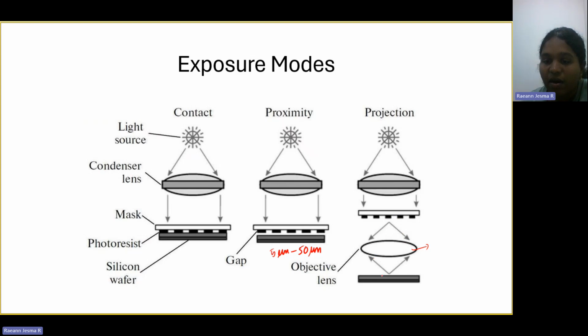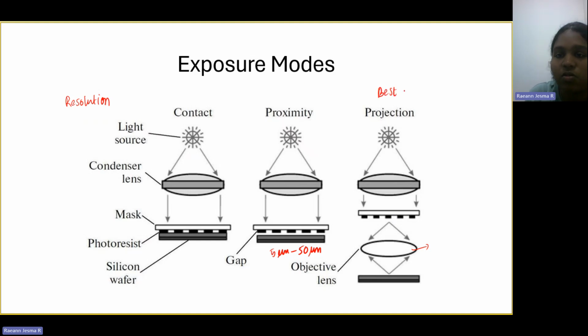If you compare these three types of exposure modes in terms of resolution, the projection mode will give you the best resolution. It can be smaller than your mask size by having a suitable objective lens optics.